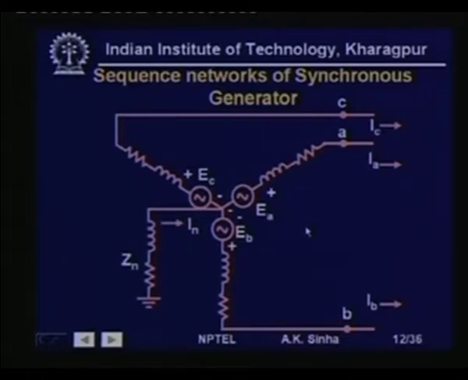Since 3 symmetrical currents flowing through this generator will produce a rotating magnetic field, and because the phase sequence of the current is reverse to that of the rotation of the rotor, there is going to be a rotating magnetic field which will be rotating at the synchronous speed, but in the reverse direction to the rotation of the rotor.